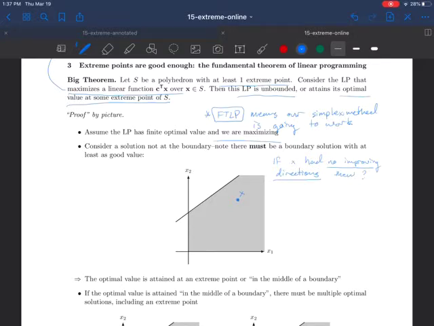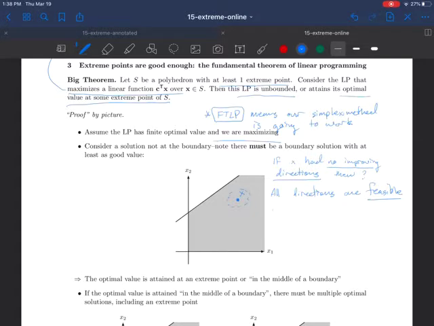So I'll put a question mark there to indicate what does that mean. Well, all directions are feasible here. You can see that from the picture itself, right? Because any direction from here, that circle encloses all the directions. They're all in the feasible region, so they're all feasible directions.